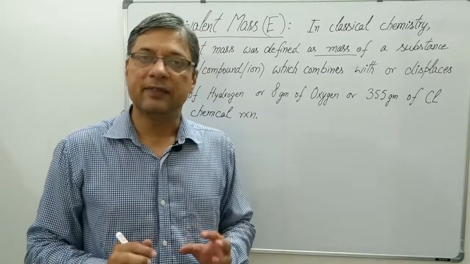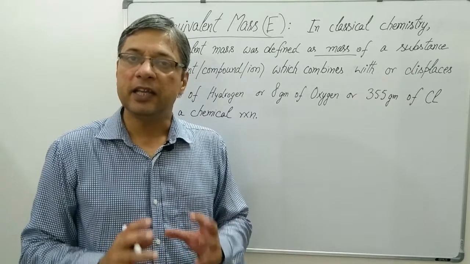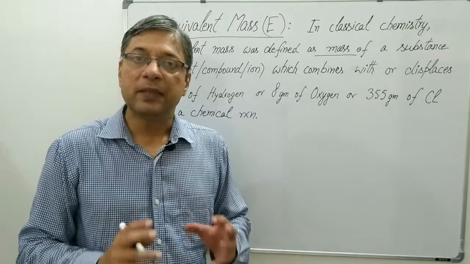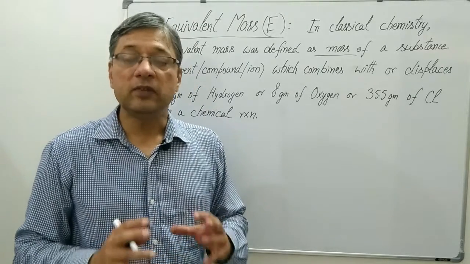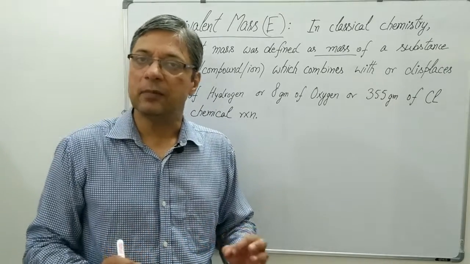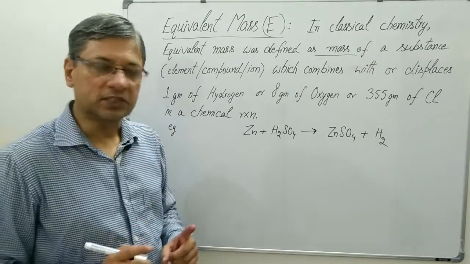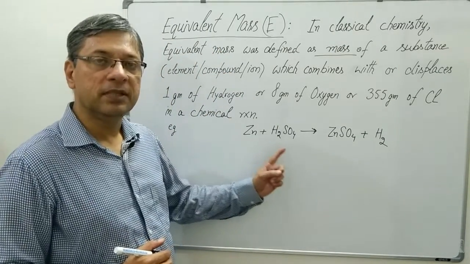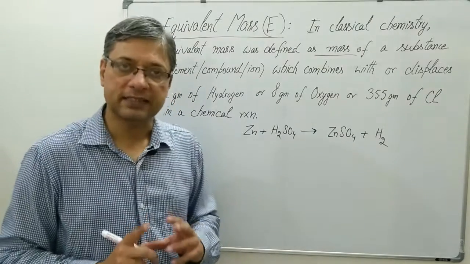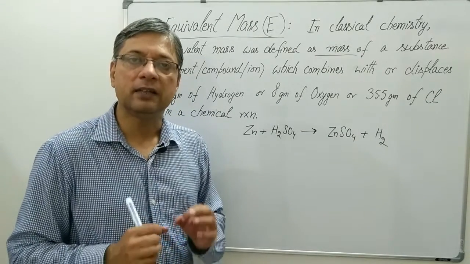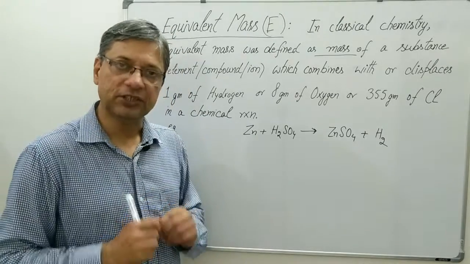Let us understand with the help of an example. Suppose we are given a chemical reaction happening between zinc and sulfuric acid. First, we will write its balanced chemical equation. As per the chemical equation, zinc is able to displace hydrogen from sulfuric acid. So we can calculate the equivalent mass of zinc.